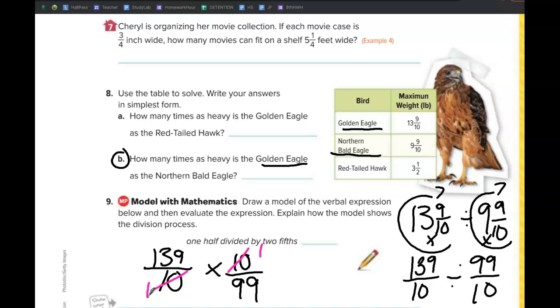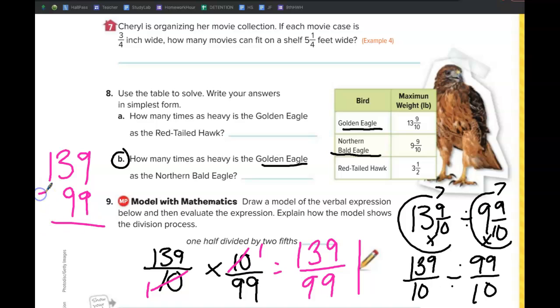139 times 1 is 139 over 99. How many wholes can you make out of that? 1. And so then I would take 139 minus 99. 9 minus 9 is 0. 13 minus 9 is 4.